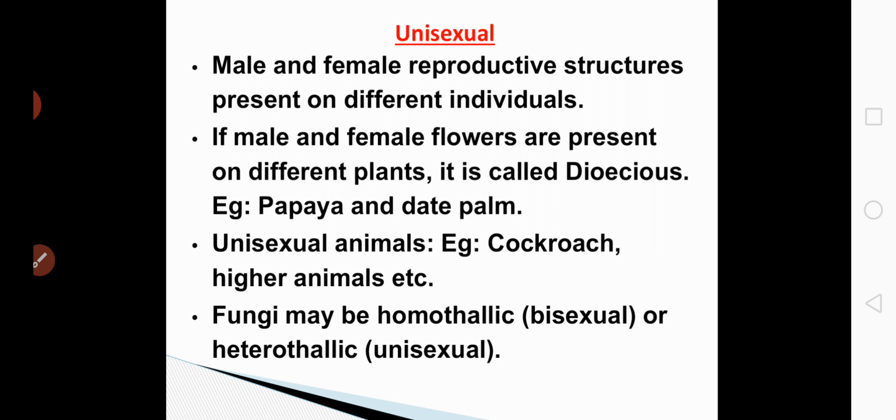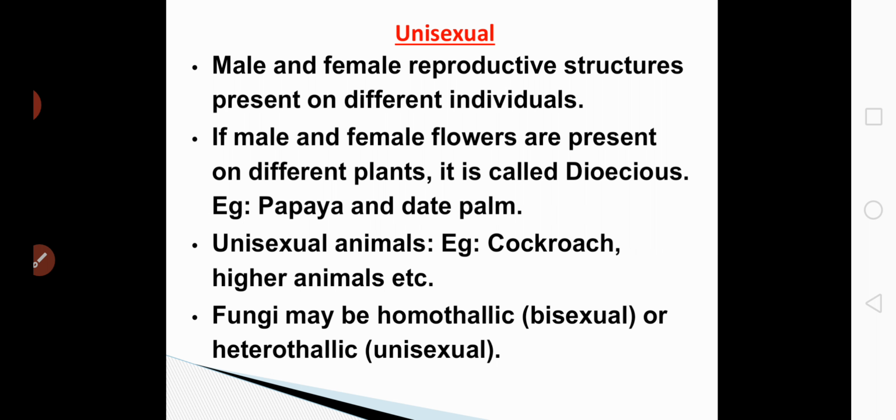So what do you mean by monoecious? Monoecious means if the male flower and the female flower are produced on the same plant, then the condition is called monoecious. But if the male and the female flowers are produced on two different plants, then the condition is called dioecious.